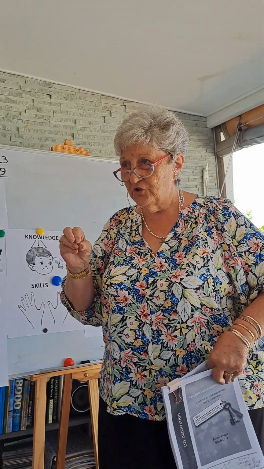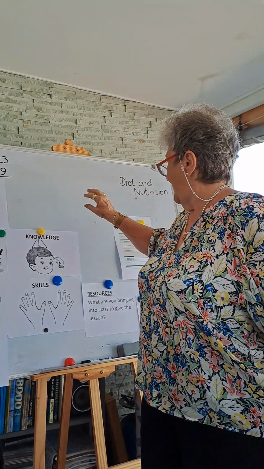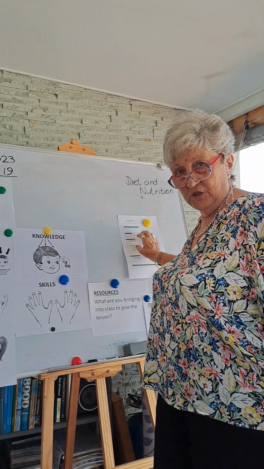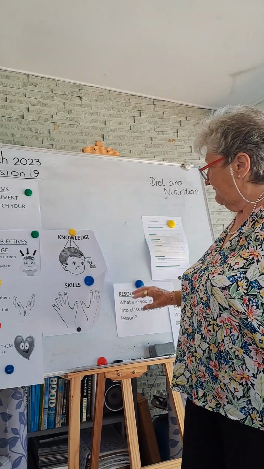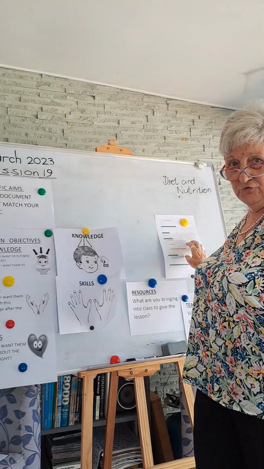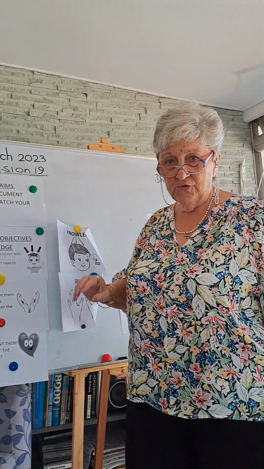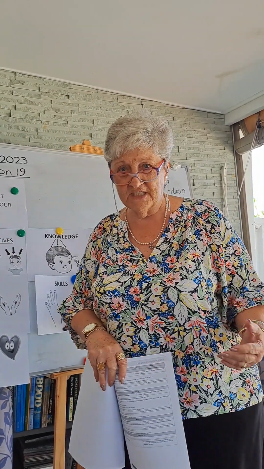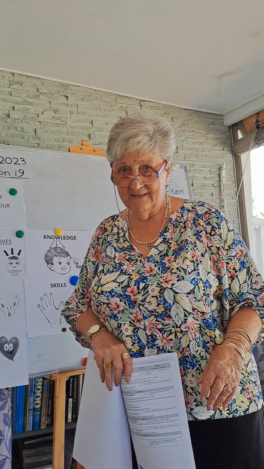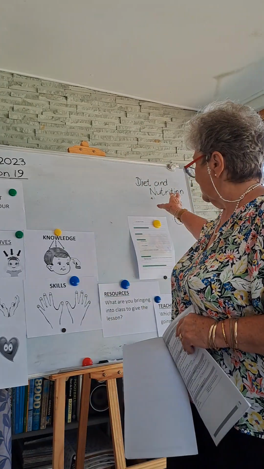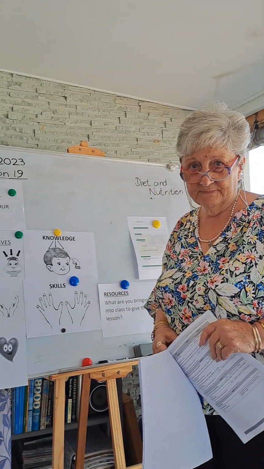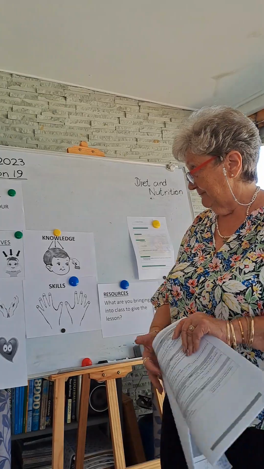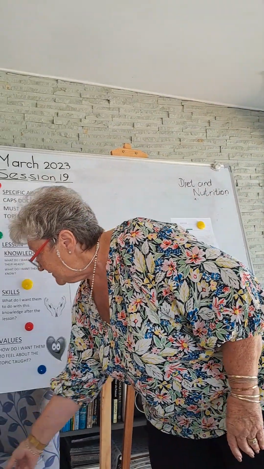And you have to choose the specific aim that matches or suits your lesson. So if I'm giving a lesson on diet and nutrition, I'm not going to choose a specific aim that says children should learn their rights and responsibilities. I'm going to look for something about diet and nutrition. Okay, we'll come back to that.